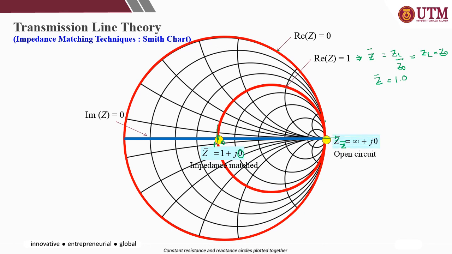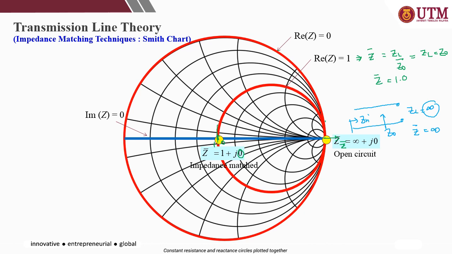On the far right is the open circuit. If you still remember, for the open circuit, ZL equals infinity. Here is your Zin, and in the middle is Z0. So when ZL equals infinity, the normalized impedance equals infinity.